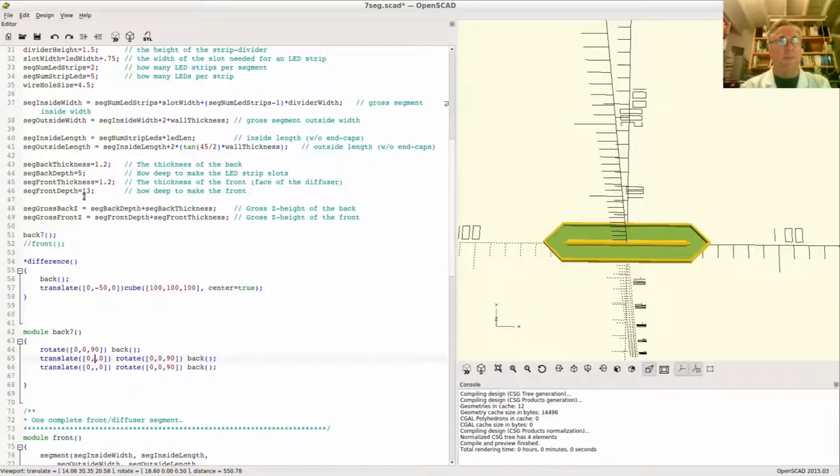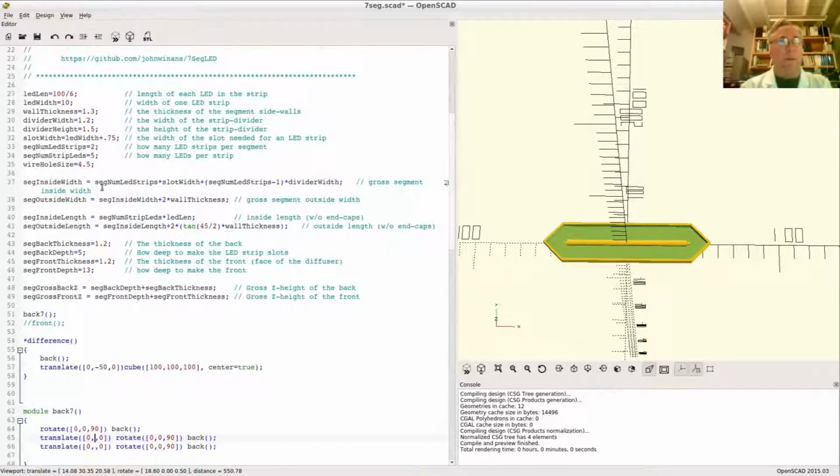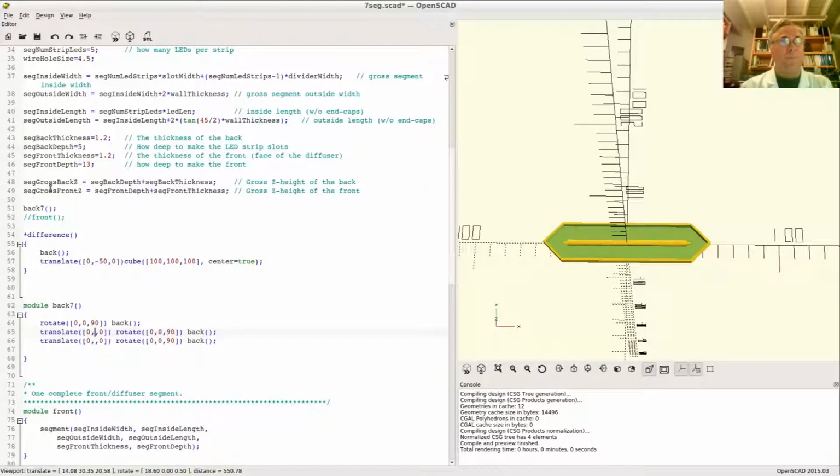So that's pretty straightforward. Let me go find the variables. Where's my outside length? There we go. So he's going to go up this much plus the outside width. 2 halves of the outside width plus 1 outside length.